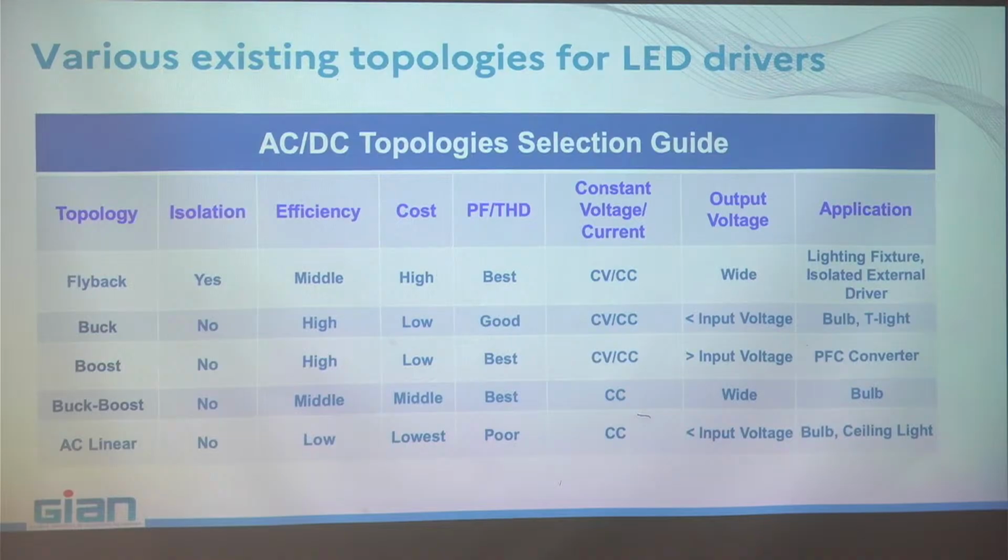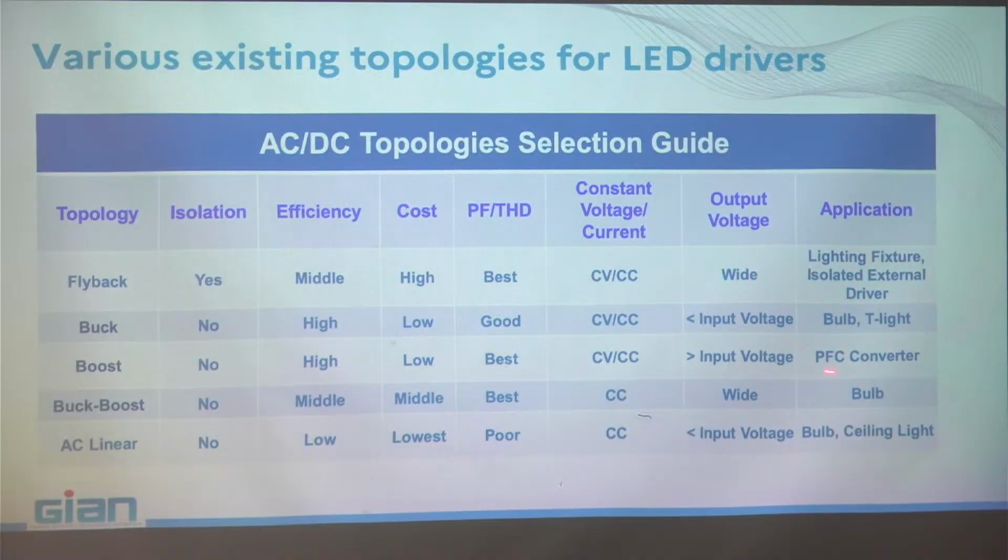If, for example, you take the buck here: no isolation, high efficiency, low cost, good behavior concerning harmonic distortion, you can inject constant voltage or constant current, but you have an output voltage which is lower than the input one. That means if you deploy in your room 48 volt DC and you want to supply a lamp that needs 60 volts because of the number of LEDs inside, this topology is not working.